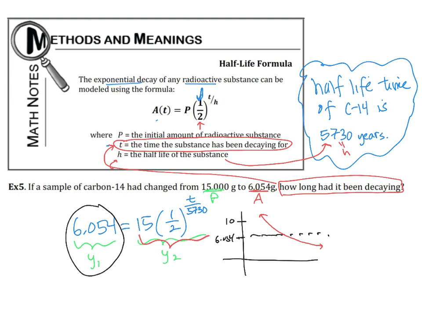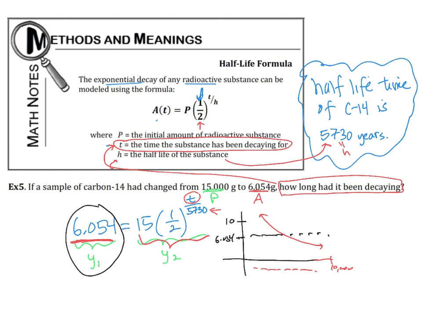Now again, a hint, the hardest part with this calculator portion is deciding on your window, right? This number right here indicates your y value window, how high up it should go, so it has to go beyond 6. And then what helps us determine what our x-axis should be? Well, we're trying to find time, and look, this number that we're dividing by is 5,730. So we need to have an x value that goes beyond 5,730. So I'd be going probably to like 10,000 just to give myself plenty of space.